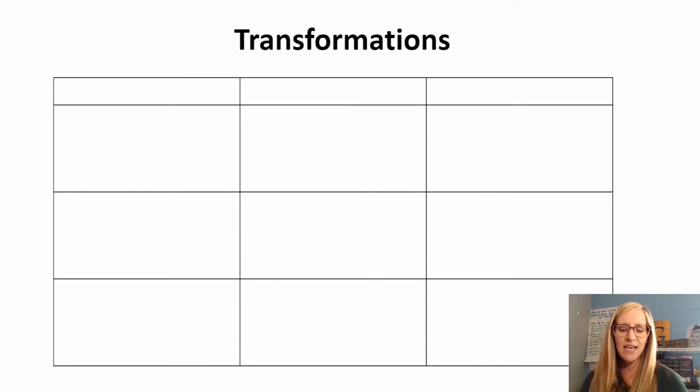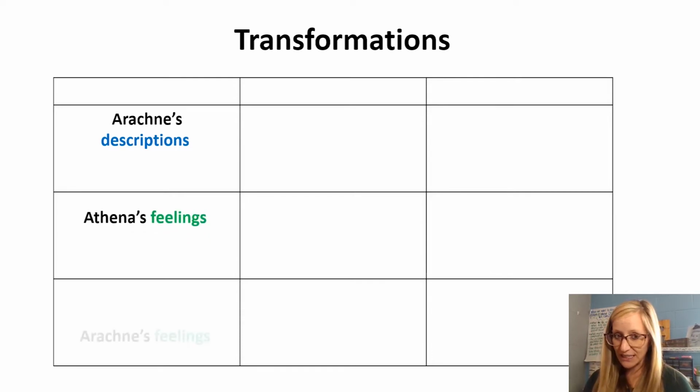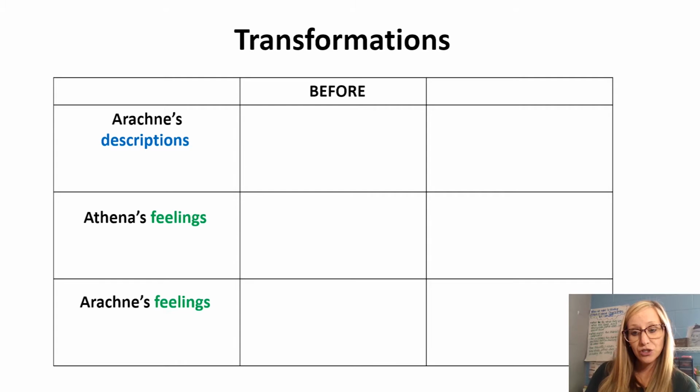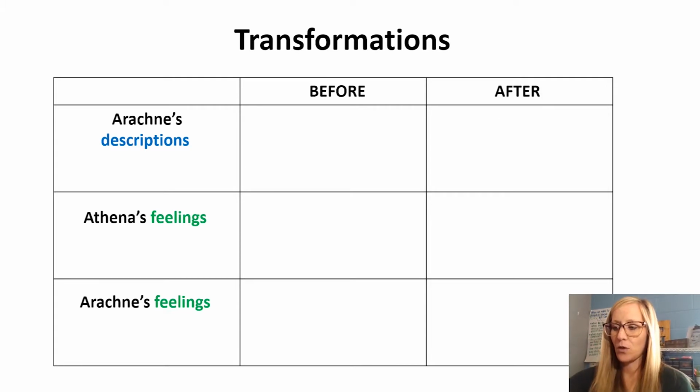On the left-hand side, we are going to label Arachne's descriptions as the first row, Athena's feelings, and then Arachne's feelings. And we want to consider what they were before they transformed and after. So make sure that your chart looks similar to mine, and I believe that we are ready to dig in.